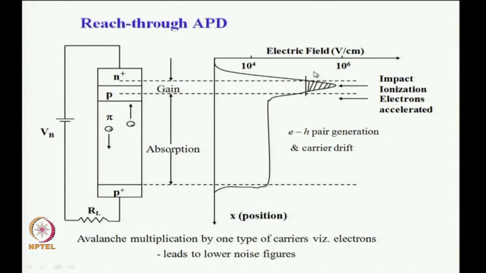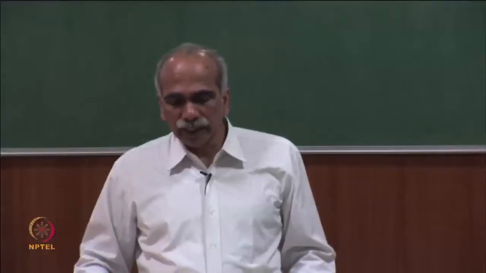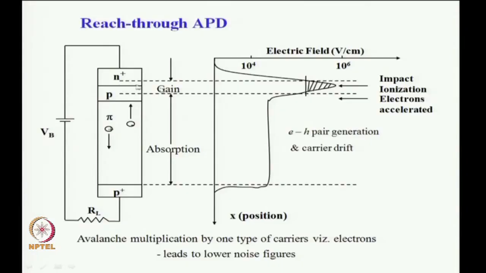That is the kind of field that is required for the avalanche process to take place, and the field drops down rapidly, because we have already discussed that the field E is nothing but the integral of rho dx, where rho is the carrier charge density. It drops down because on the p side there are negatively charged immobile ions.